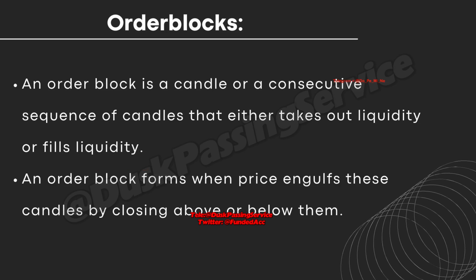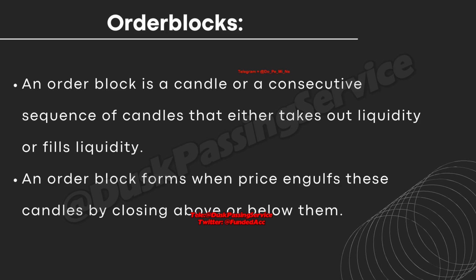To solve it, I've come up with the most refined and objective definition that I could for an order block. Moreover, it's the correct and logical definition of an order block.